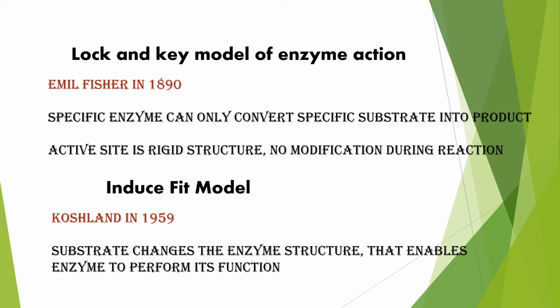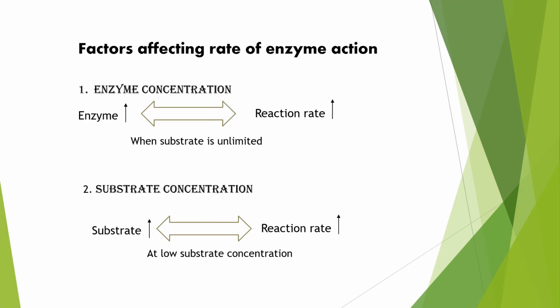But according to induced fit model that was proposed by Koshland in 1959, substrate changes the structure of the active site of an enzyme. Means the active site is a flexible structure according to induced fit model, and when there is change in the structure of enzyme, then this enzyme will perform its proper function and will convert the substrate into the product.